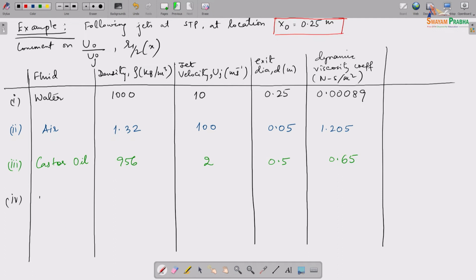This is fuel oil. Then rho is 890, Uj is 25, D is 0.15, and this is about 1.